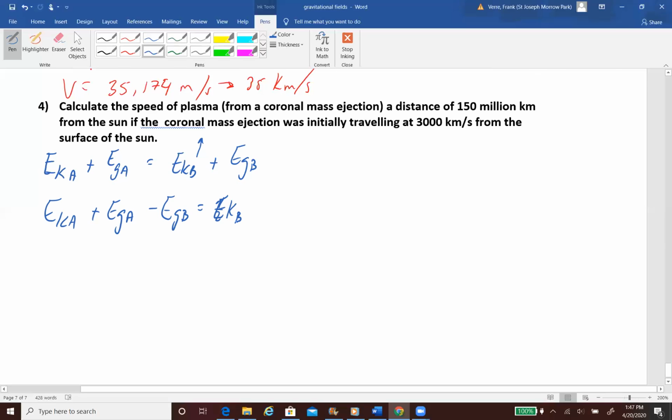Now, if we put in some values, the kinetic energy is 1/2. Now, at A, it's 3,000 kilometers per second.